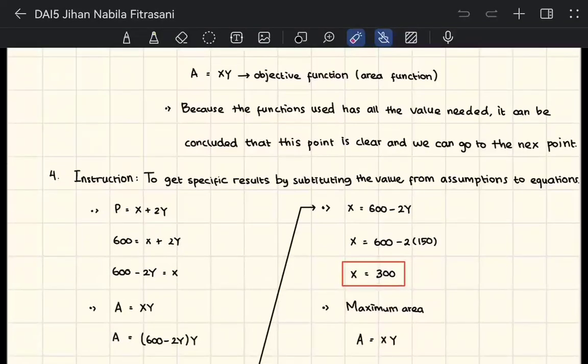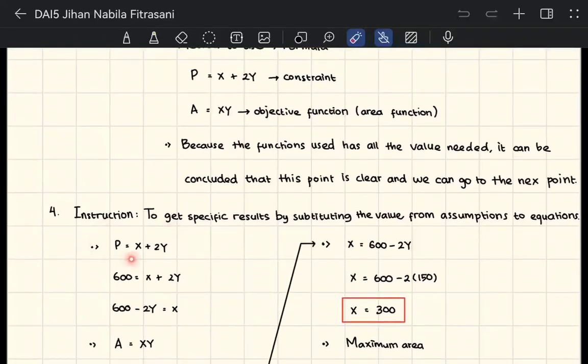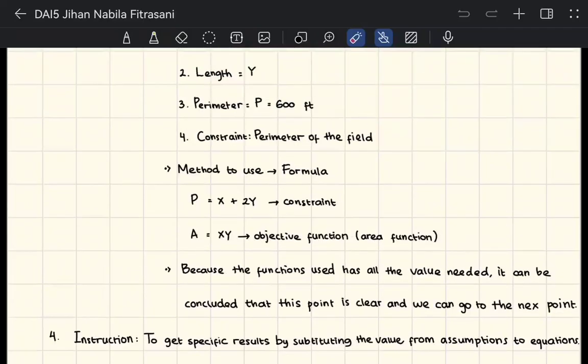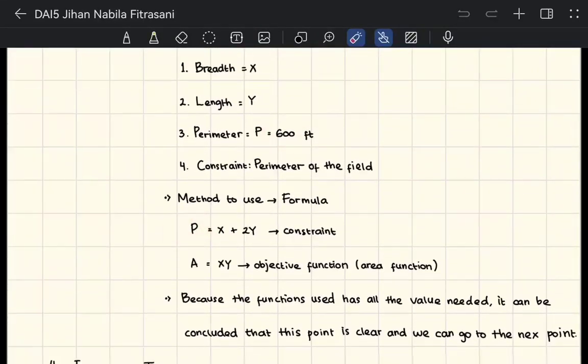It's instruction. In instruction, we get specific results by substituting the values from assumptions into the equations that we have chosen. First, we have the constraint function, and we can substitute the values from the assumptions that we have made, which is P is 600 feet.